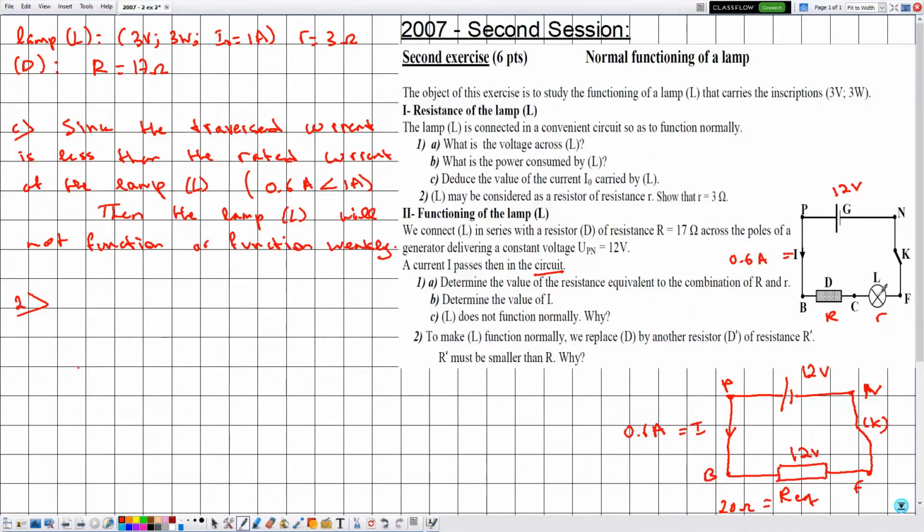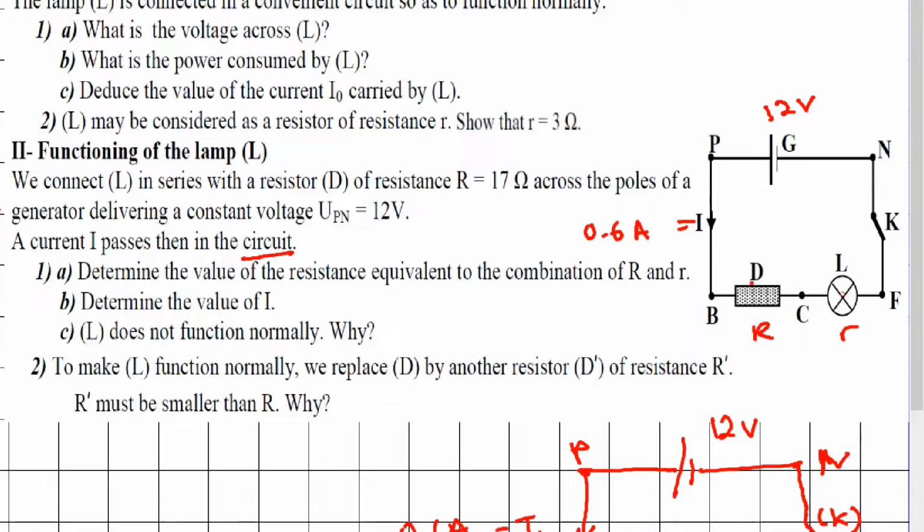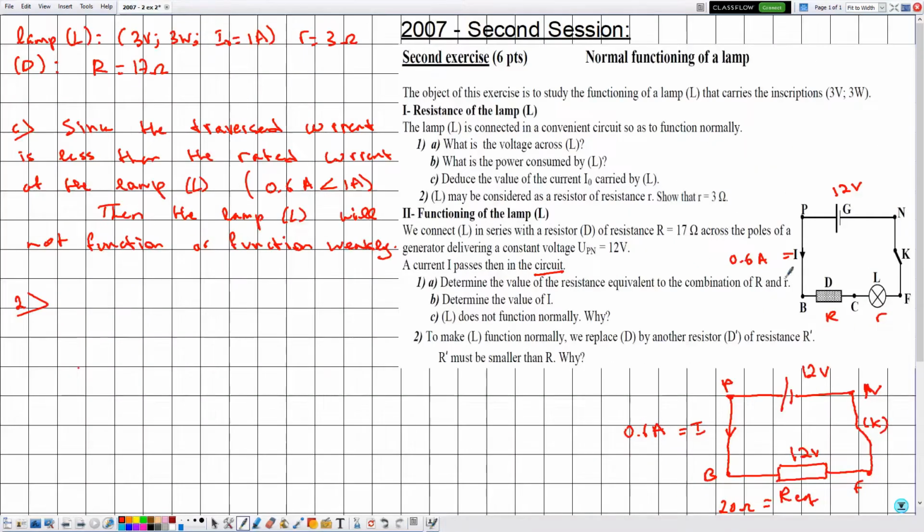And this happens when the resistance R of D decreases, because we know that whenever the resistance decreases, the electric current increases.